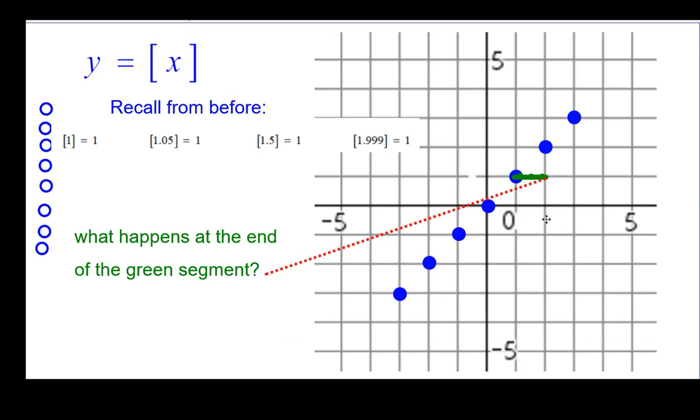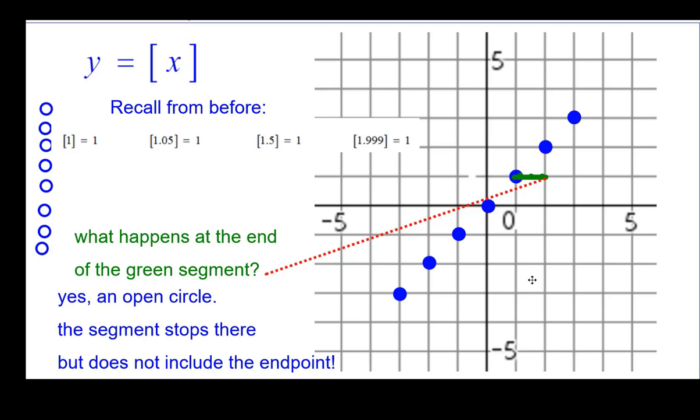But what happens at this end of the green segment? Is that an open or a closed circle? Well, it is an open circle because the segment stops there, but it doesn't include the endpoint, because as soon as I get to 2, greatest integer of 2 jumps up to 2. So it's an open circle.